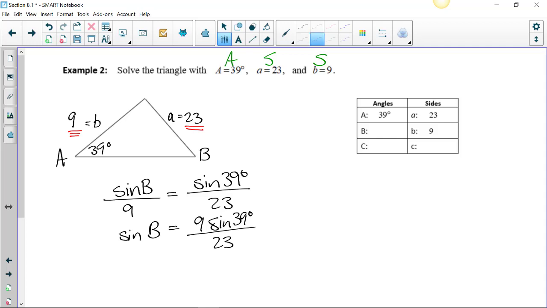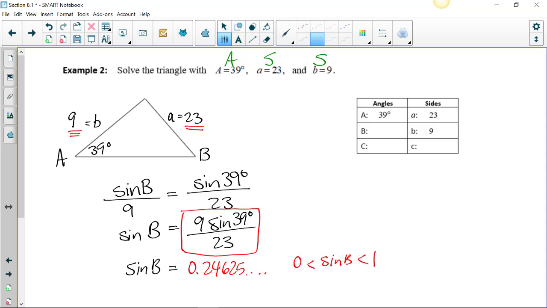And when I put this in my calculator, I get 0.24625, etc. So I'm saying that the sine of my angle B is 0.24, etc. That tells me that the sine of B is between 0 and 1, which means that we do have a triangle.